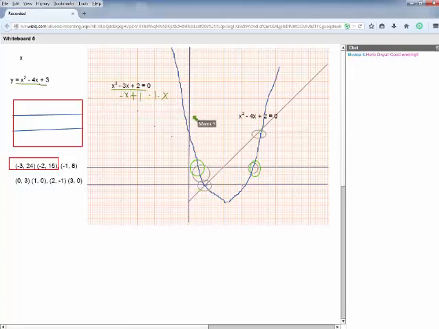Actually, the solution should be 1 is right. 2 should be the other. What are the points you said? I said 1, 0 and 4, 3. So what are the x coordinates of the points? 1 and 4.